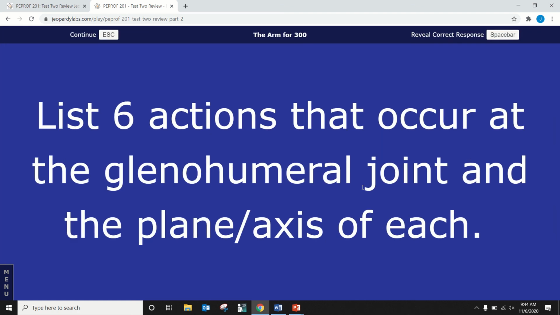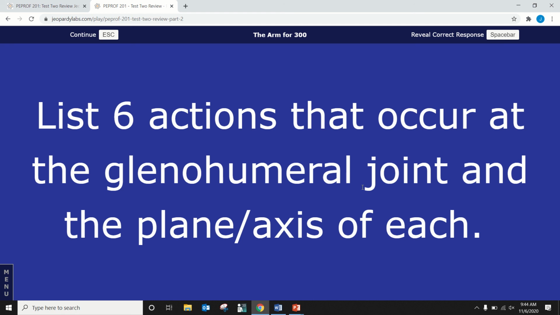List 6 actions that occur at the glenohumeral joint and the plane and axis of each. Correct.